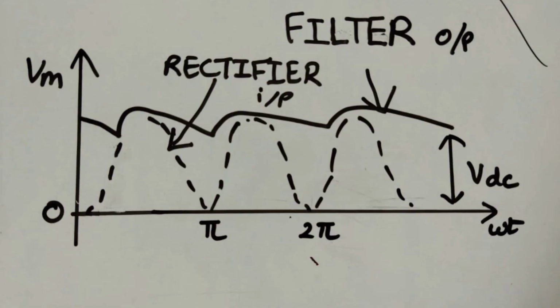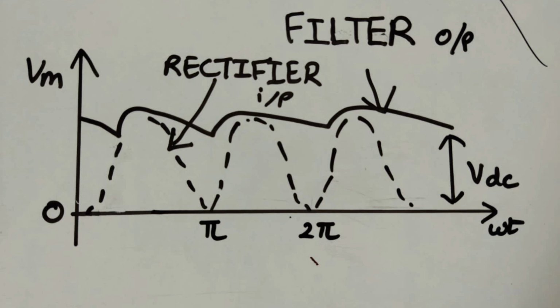The AC components in the output of a rectifier produce variations in the unidirectional output voltage. The circuit used to remove the AC components from the output voltage so that a steady DC output voltage is obtained is called the filter circuit.